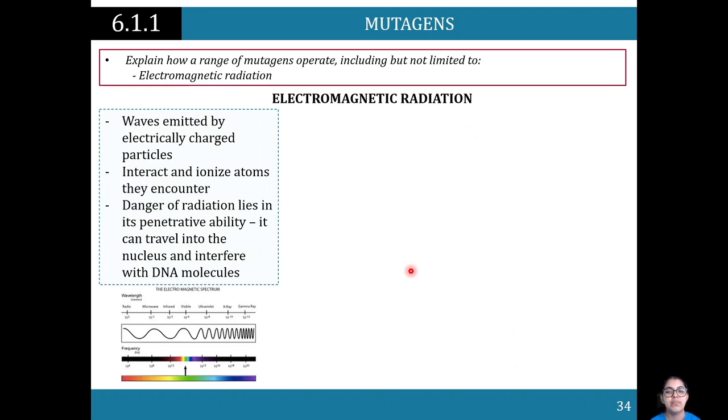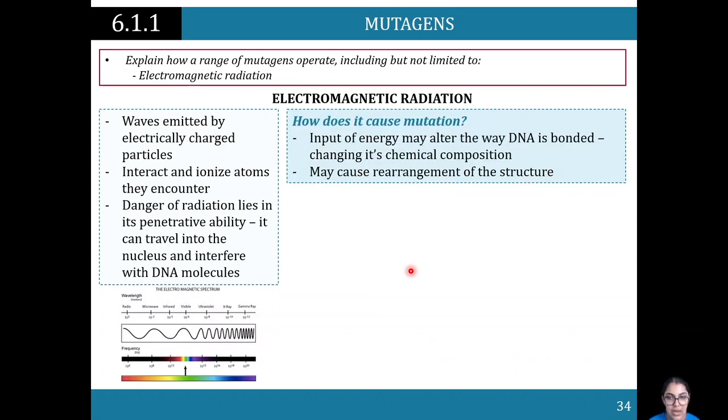So we'll firstly begin by looking at the mutagens. What are the things that actually cause these mutations to occur? We're going to talk about electromagnetic radiation first of all. Electromagnetic radiation, as the name suggests, refers to the waves that are emitted by electrically charged particles.